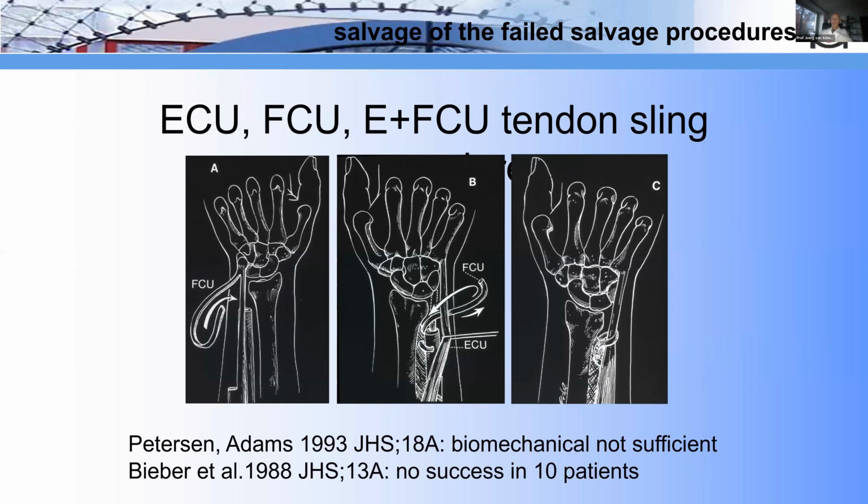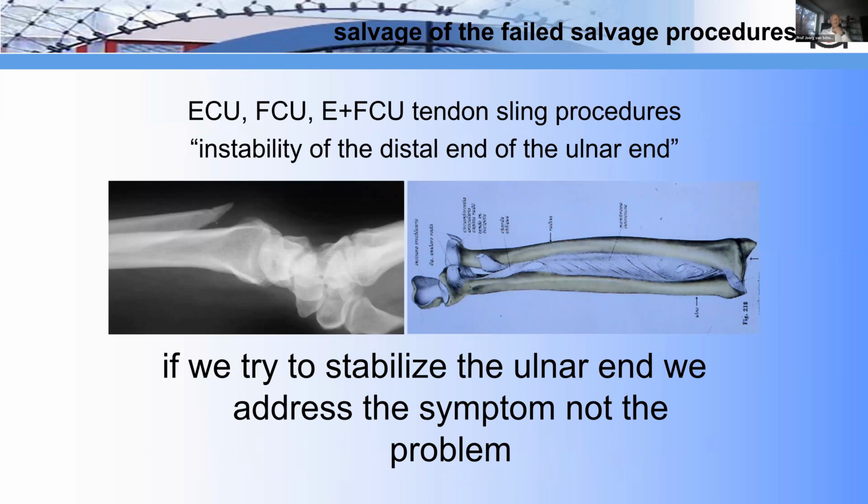To perform a tendon stabilization of the distal ulna, all tendons have been used and described. Extensor carpi ulnaris, flexor carpi ulnaris, combinations of extensor and flexor carpi ulnaris tendon, always with the aim to stabilize the distal end of the ulna. But we know from biomechanical studies that none of them will be able to stabilize the system.